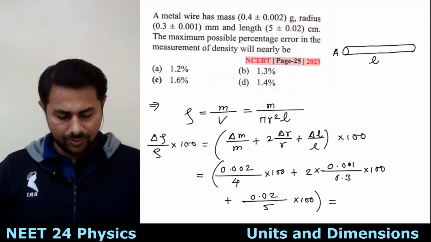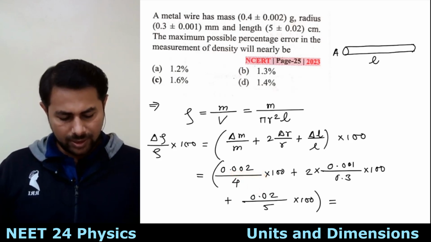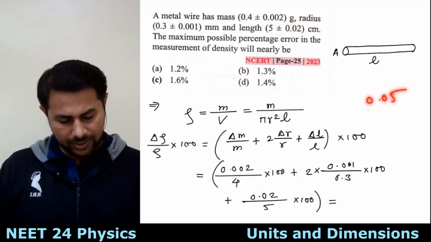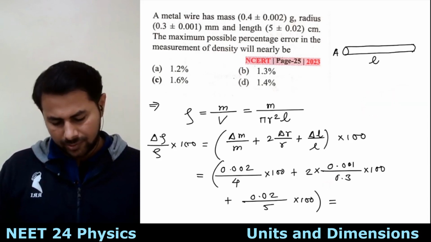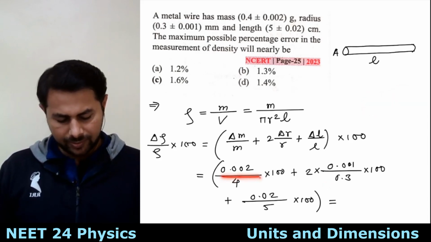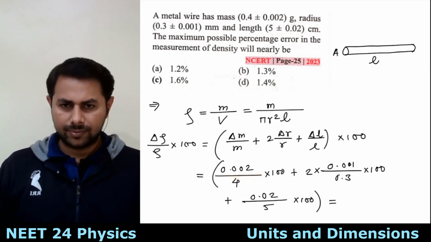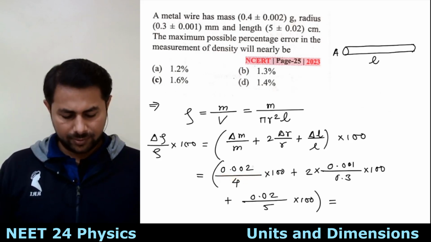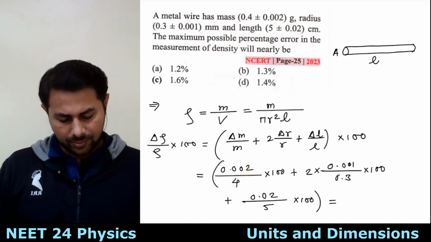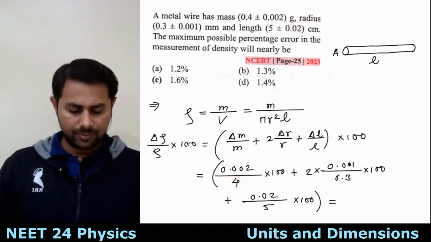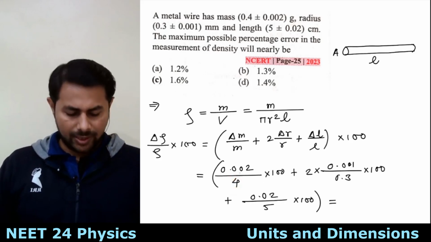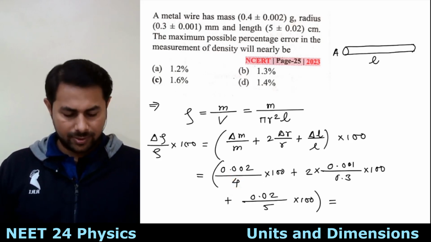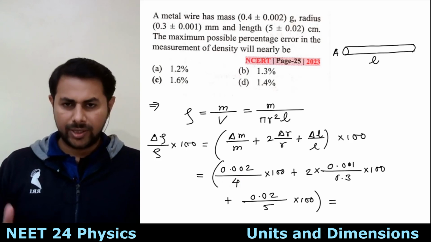Anyone? This 0.2. Okay, this will be 0.2 by 0.4. Denominator means it will be 0.4, not 4.